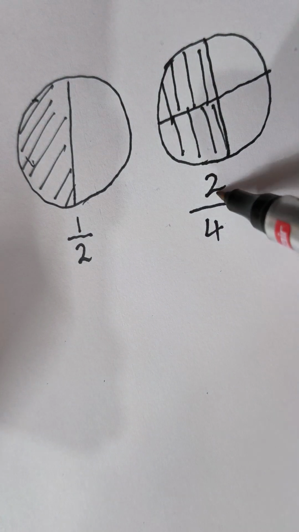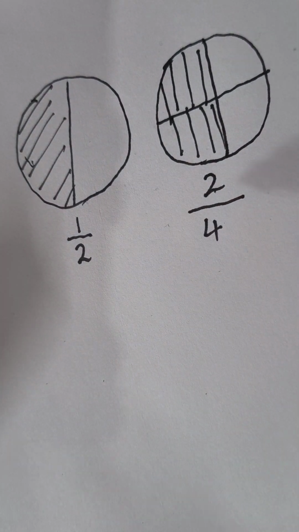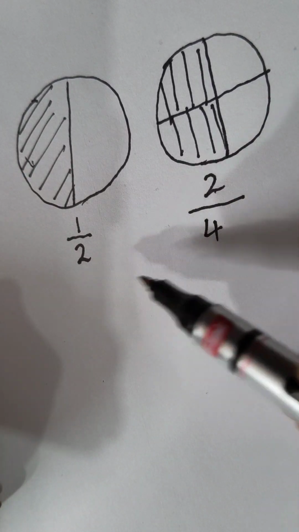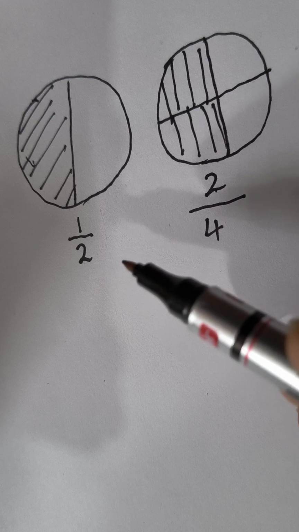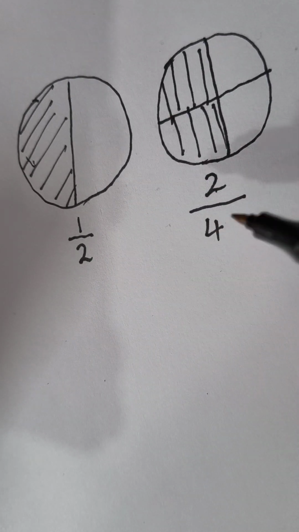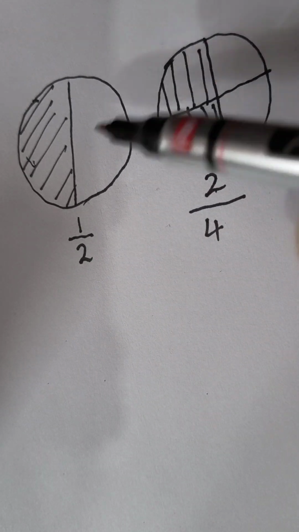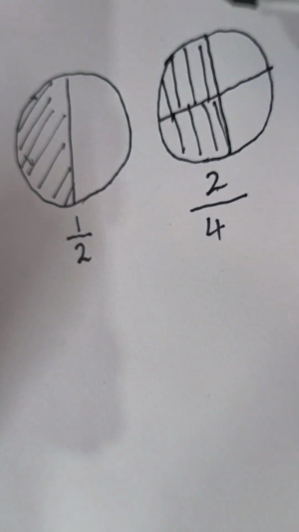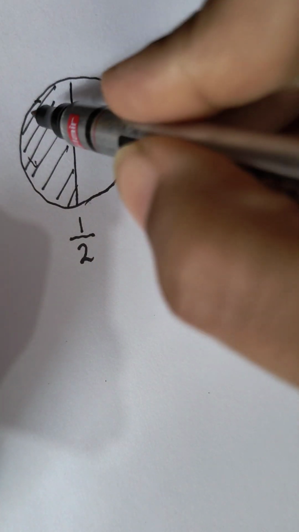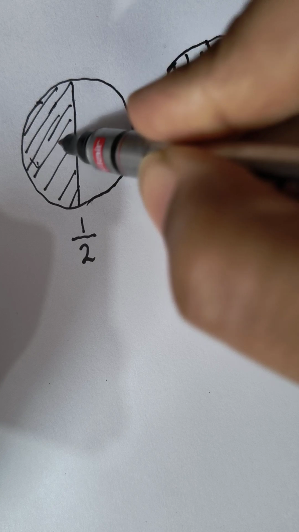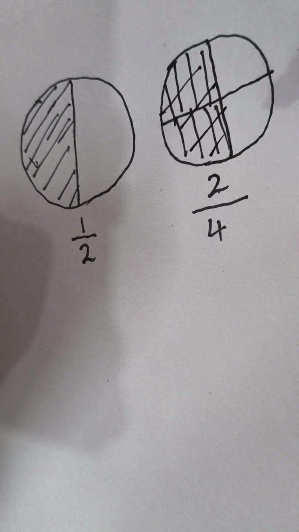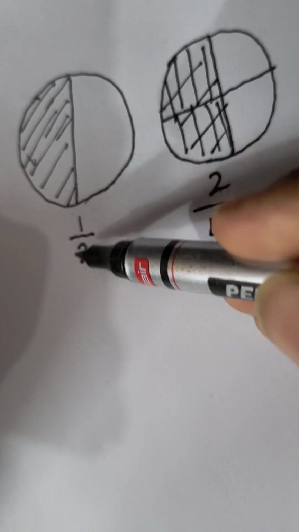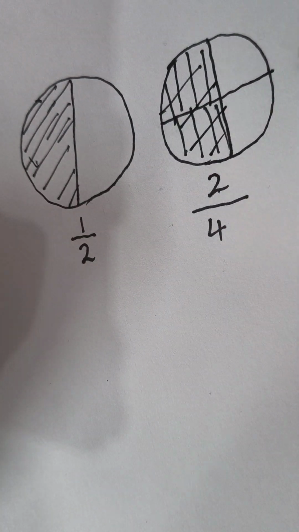See, the numerators of the two fractions are different and the denominators are also different. But both the fractions are showing you the same value. See, the shaded part is half, and here also the shaded part is half. But here it is 1 upon 2 and here it is 2 upon 4.